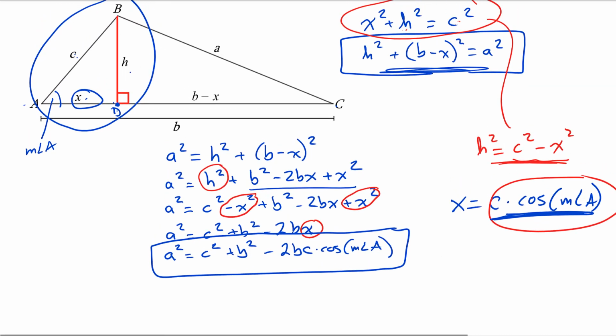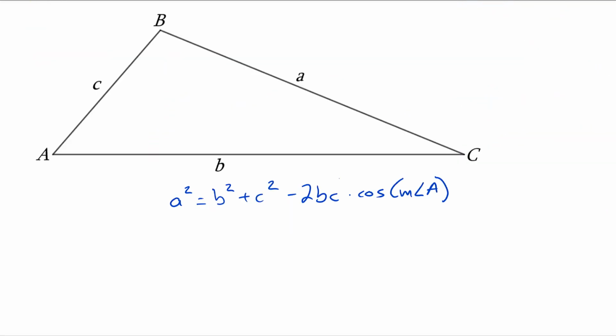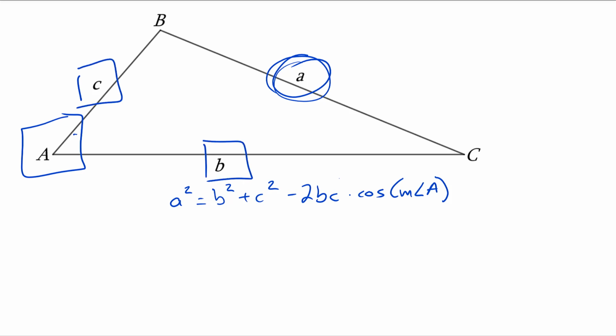So you'll see that what the law of cosines does is it relates the length of a side, A, with the cosine of the measure of the angle across from A, and in relation to the two side lengths that are on either side of the angle A. So going back to the original clean diagram here, the side length A is being expressed in terms of the cosine of the measure of angle A and the lengths C and B. So in other words, the known information we would need to use this formula is two side lengths and the measure of the angle in between formed by those side lengths.